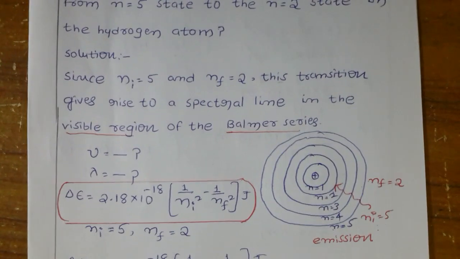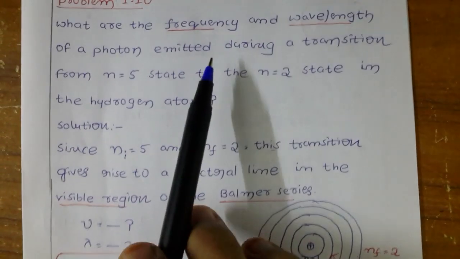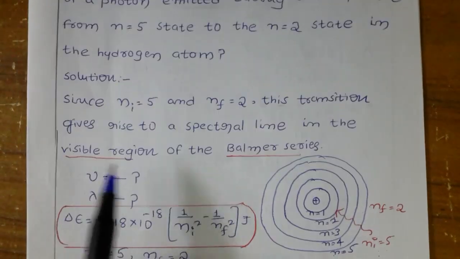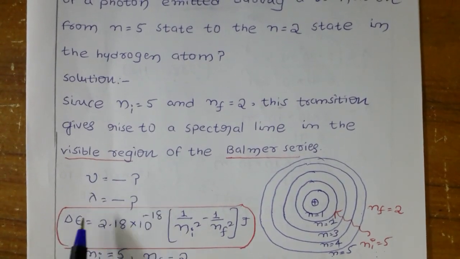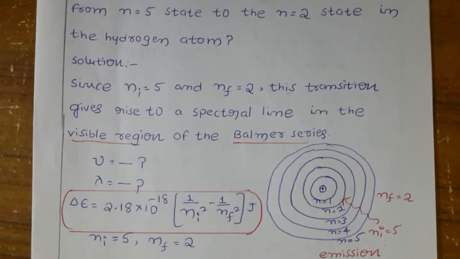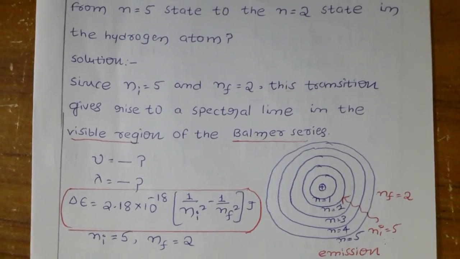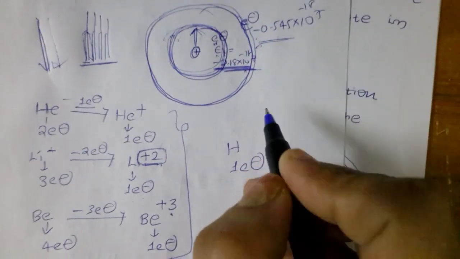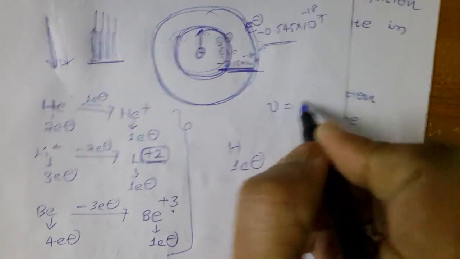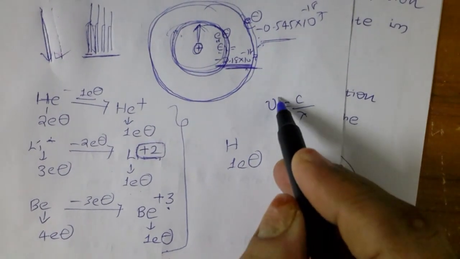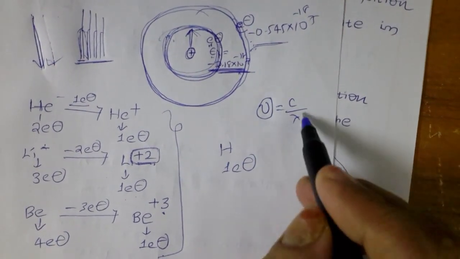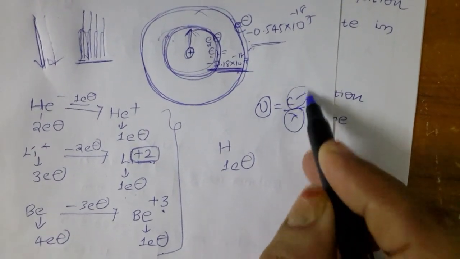Now what is the question they ask? What is the frequency and wavelength? Generally you know the equation relating frequency and wavelength: nu is equal to c by lambda. But here they ask for frequency and lambda, and you know the c value is constant.